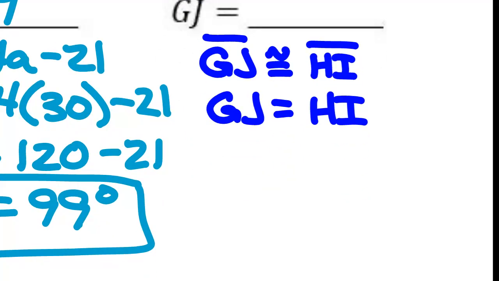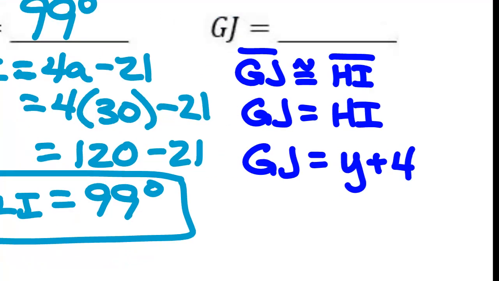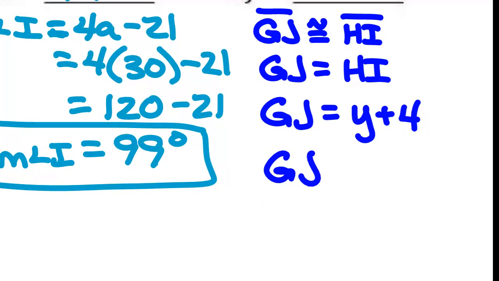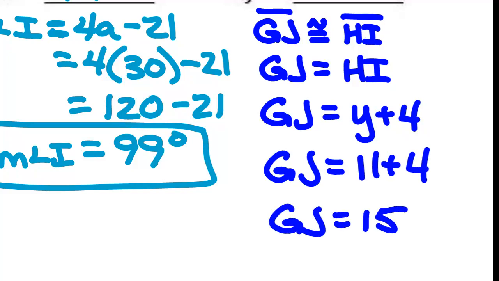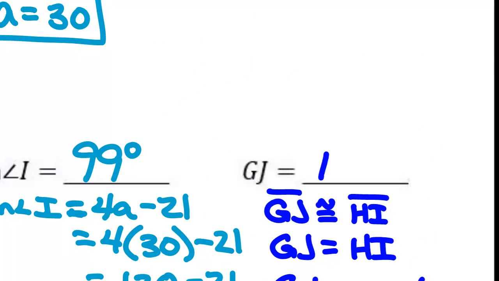And how big is HI? Y plus 4. And we figured out that Y is how big? 11. So I have 11 plus 4. And 11 plus 4 is 15. So segment GJ has a length of 15.